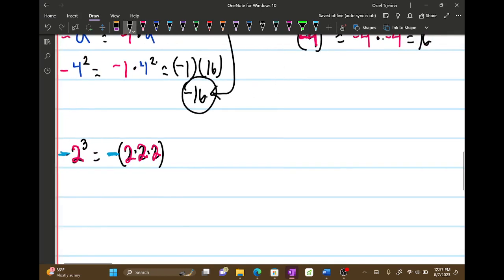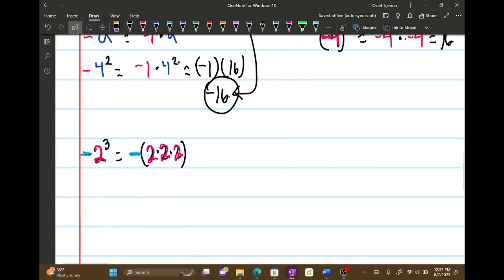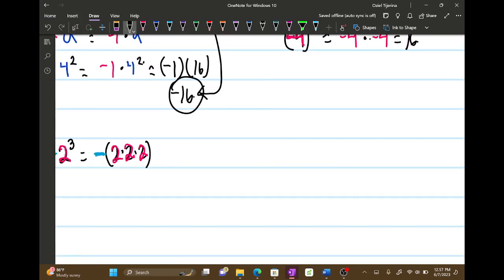A lot of people tend to think that negative 2 cubed is 8. It's not. When a negative is cubed, it's negative.